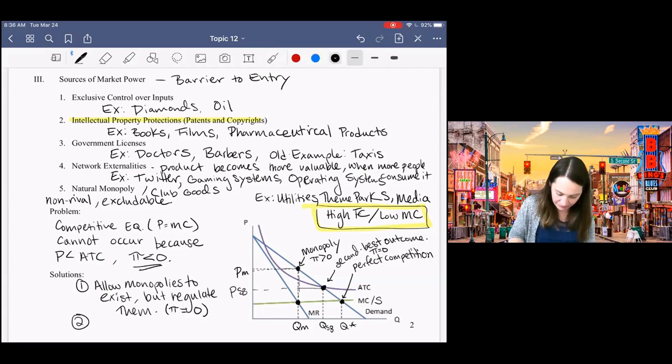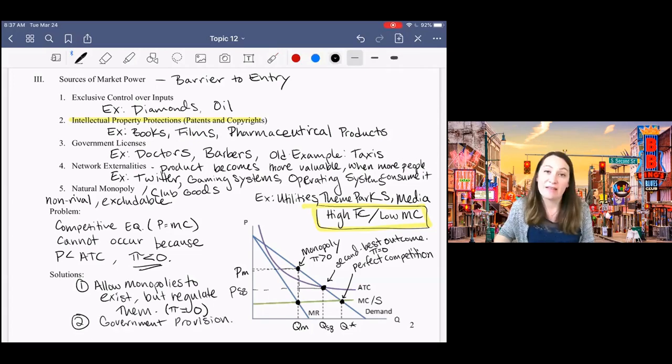The government can provide this product. And that's the way it works with utilities. The electric company is many times owned by the state, or at least managed by the state. Water is provided by the state usually, or the city, the local municipality. Trash collection, all these kinds of utility goods are usually provided by the government.